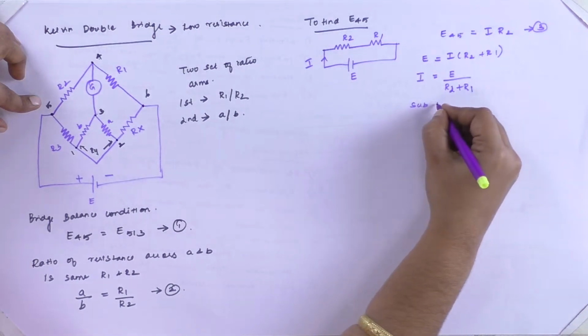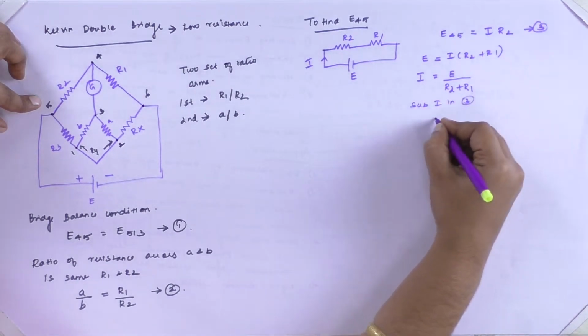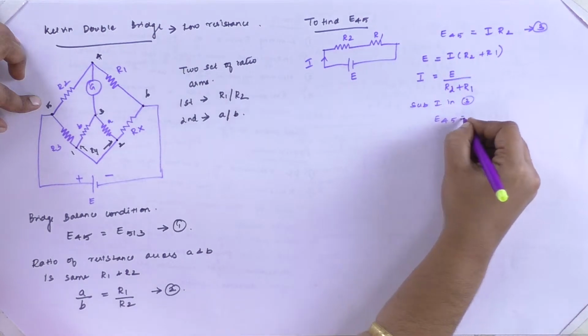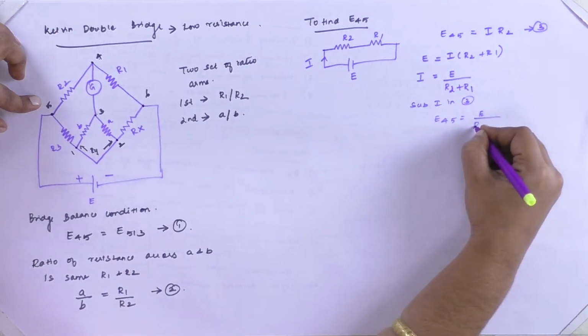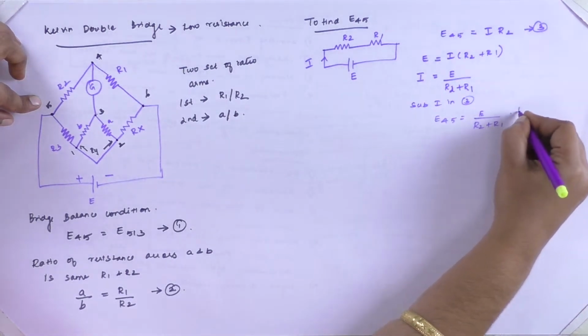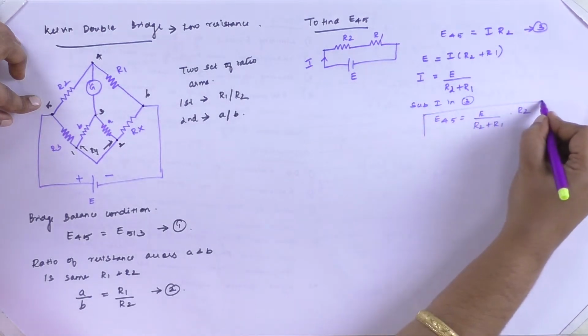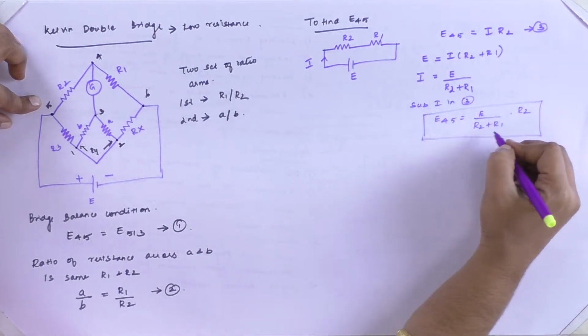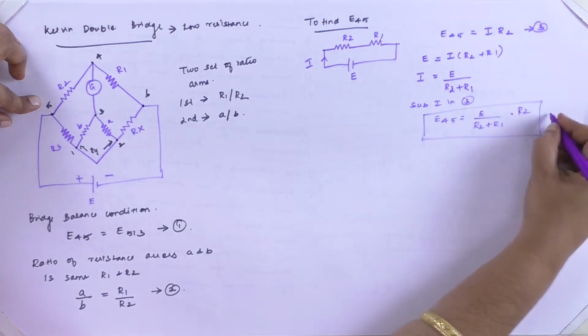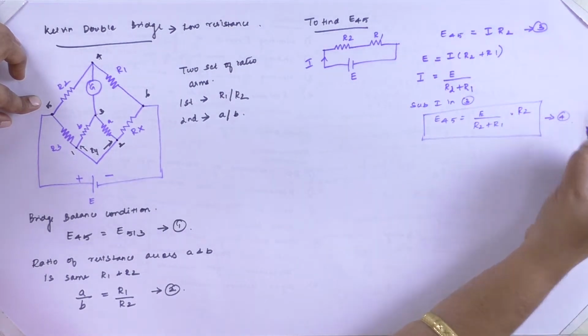Substituting I in equation 3, we get E45 equal to E divided by (R2 plus R1), times R2. Let me take this as equation number 4.